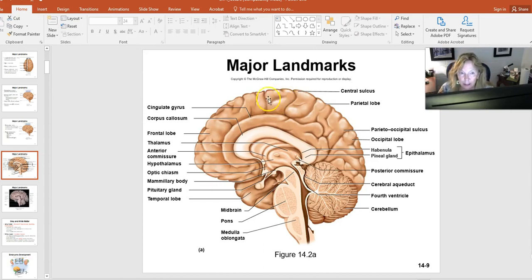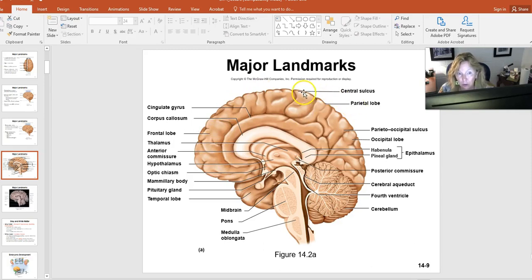Anything that's a voluntary movement comes from just anterior to, in front of, the central sulcus, which is part of the frontal lobe. So planned movements and personality all come from the frontal lobe of the brain.